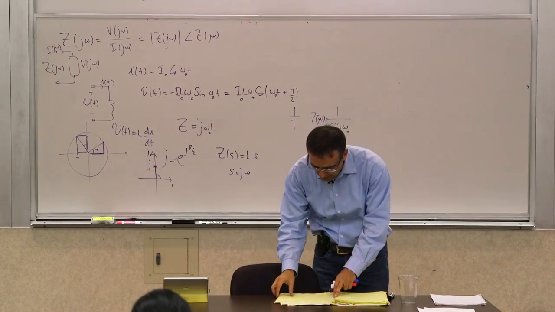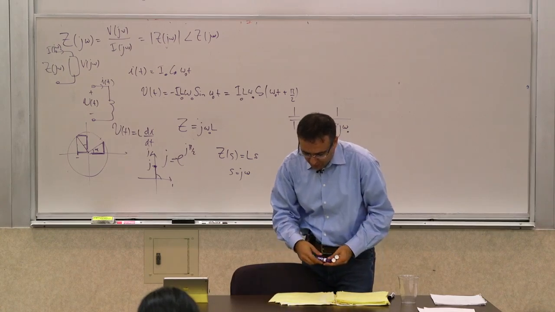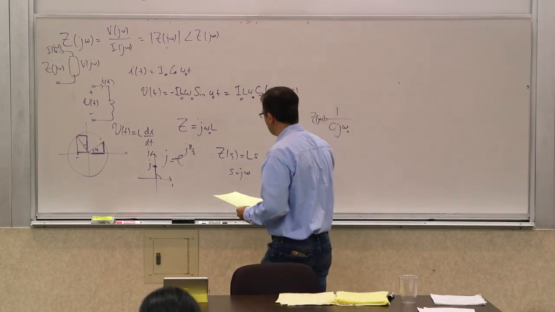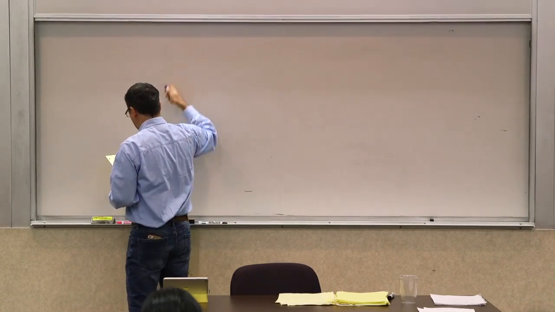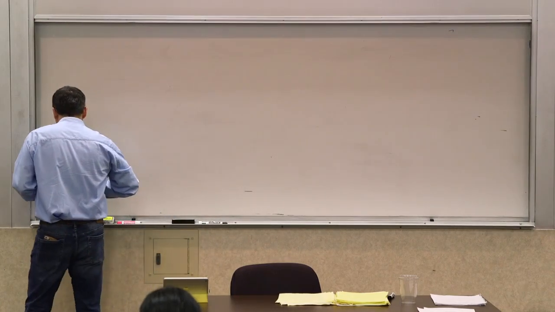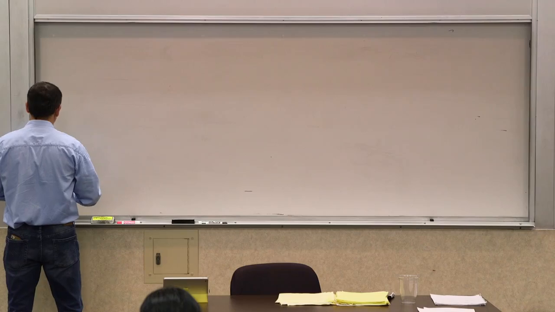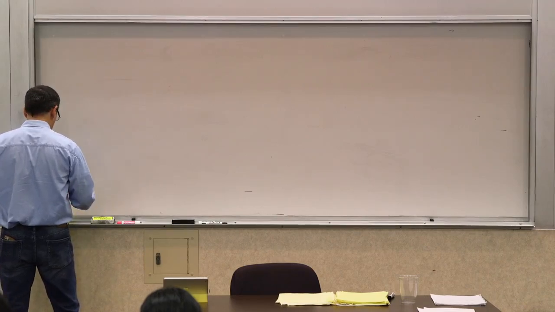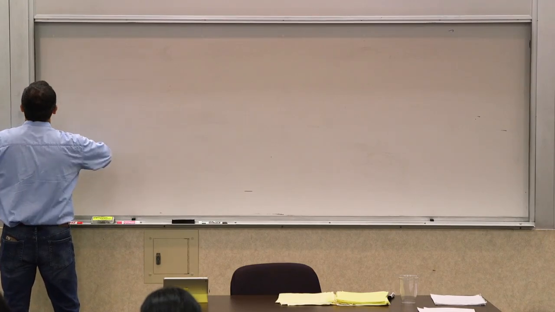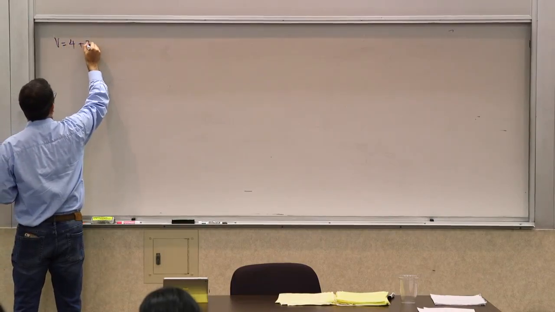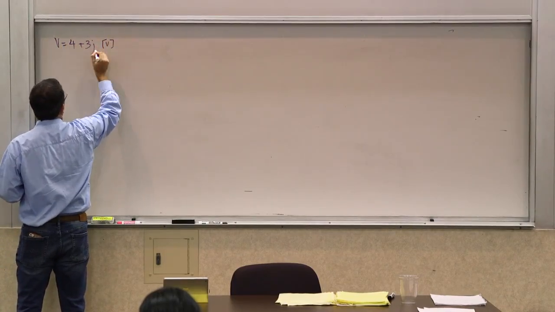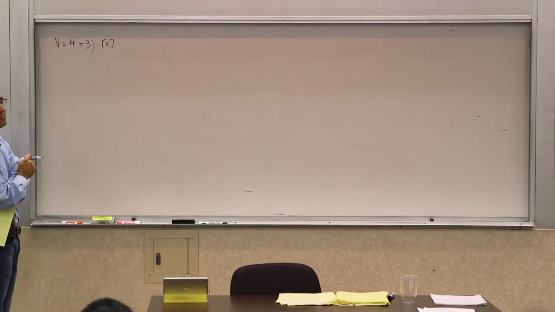So let's just do an example of a phasor, just to give you a sense of how things are. If I tell you my voltage is, let's say, 4 plus 3j volts, what is the phasor representation of this?